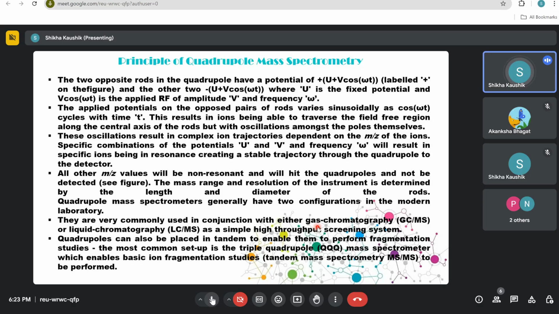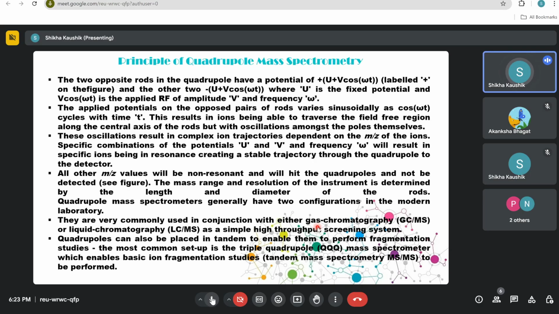So basically, if we say that there are two ions which have the same mass to charge ratio, and then we have a constant U, V, and omega, a specific combination, basically omega is going to change, right? So fixed U, the rest of the things will change.